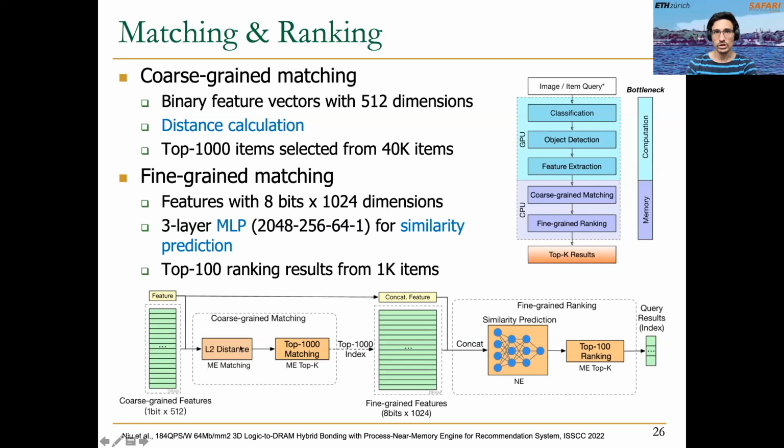As indicated here in the figure, the first step is executed on the match engine that we are going to describe next, while this one is executed on the neural engine, the engine designed for acceleration of the MLP, as we are going to see.